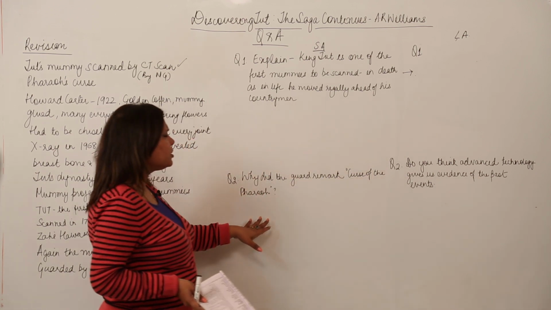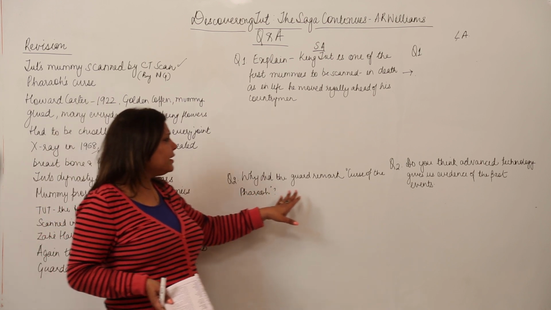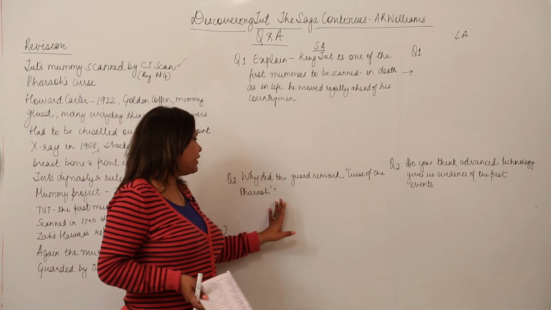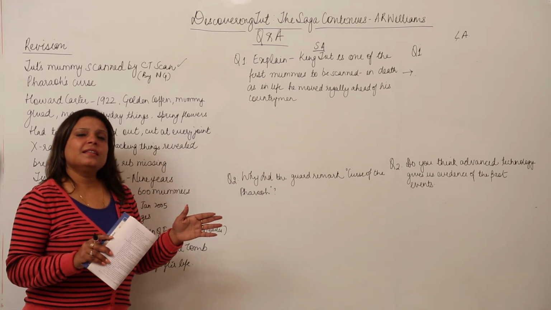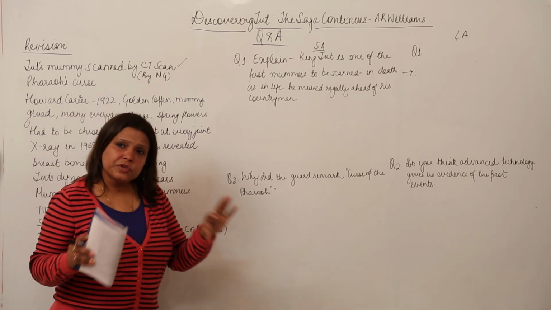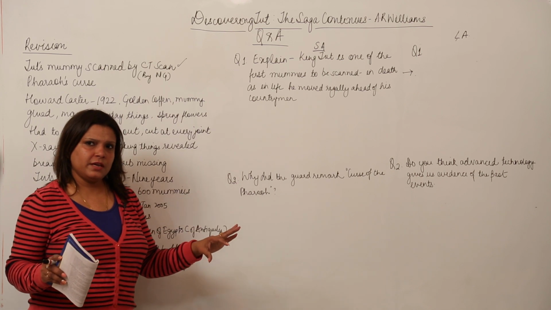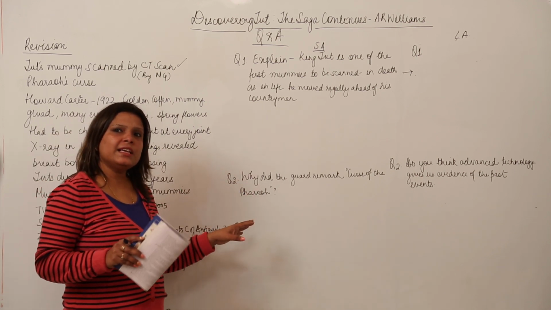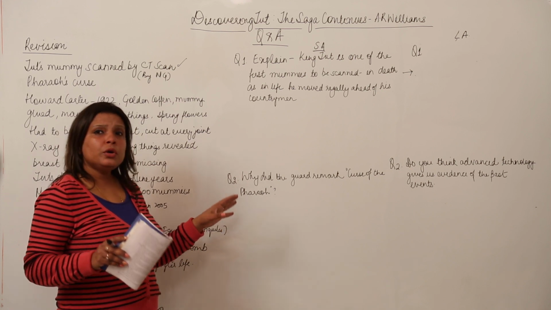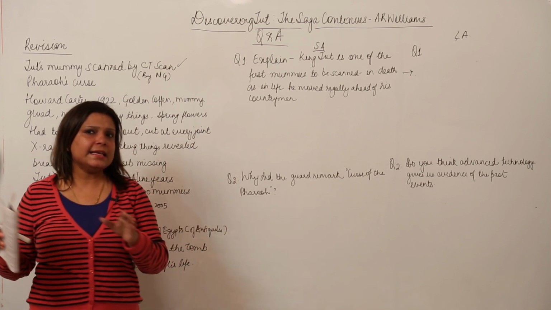Now another short answer question that you have is, why did the guard remark curse of the Pharaoh? Now you can refer to the myth that there was a curse, there was an inscription on the tomb of the king that whoever will disturb the Pharaoh will face consequences. So do not disturb the little king in his sleep.